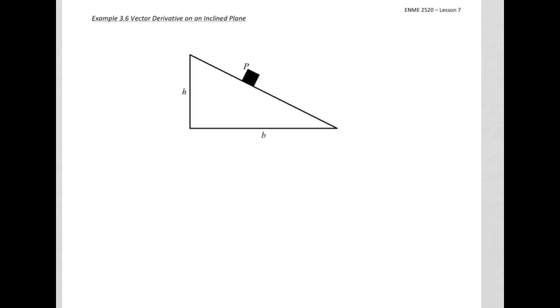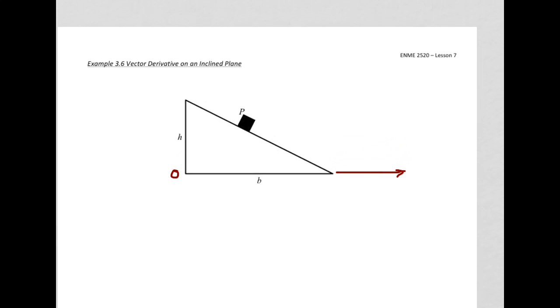So let's take this example of the sliding block P on this incline, and I want to walk through how to define each of these reference frames in detail. We're going to apply 3 potential reference frames. The first one we're going to call an inertial reference frame, and that means we're going to have our point O, and there's one leg of our reference frame. Here's the other leg.